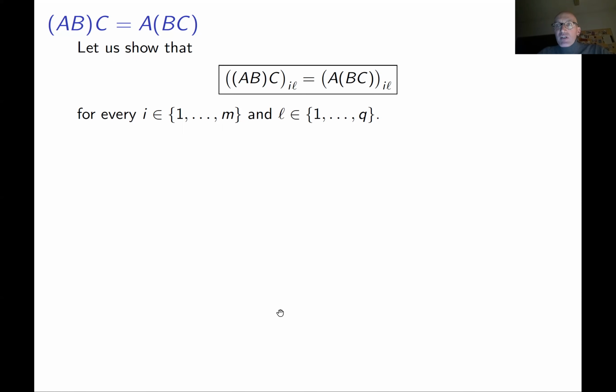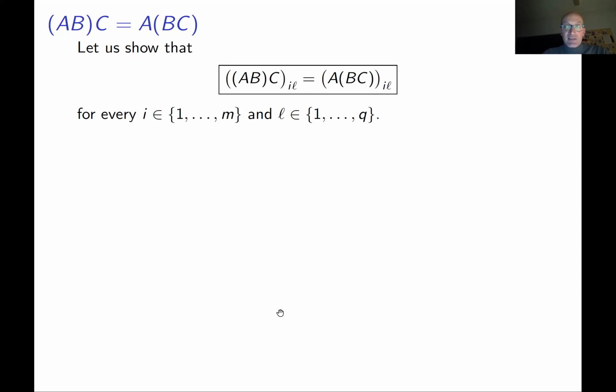Now we have to accurately rewrite the formula for the entry of the left matrix and the formula for the entry of the right matrix using twice the formula for the multiplication in each case. So basically, we have to apply this formula for multiplication 4 times to compute AB and then C, and then BC and then A.